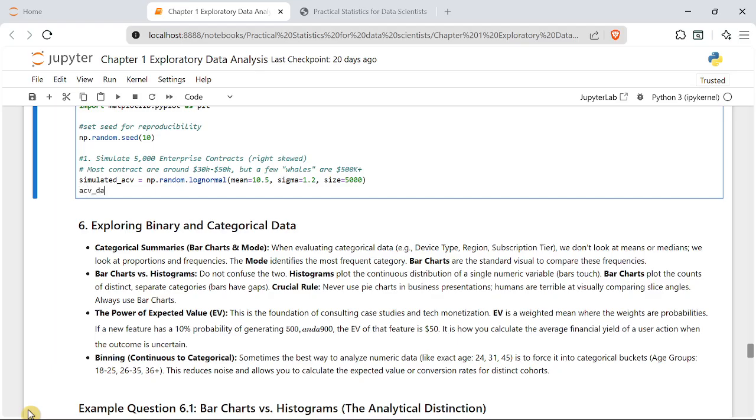ACV data equals pd.DataFrame with contract value USD as simulated ACV.